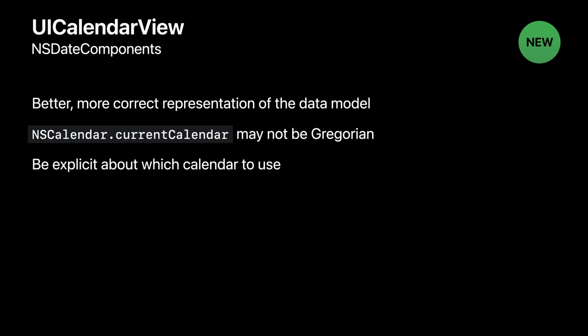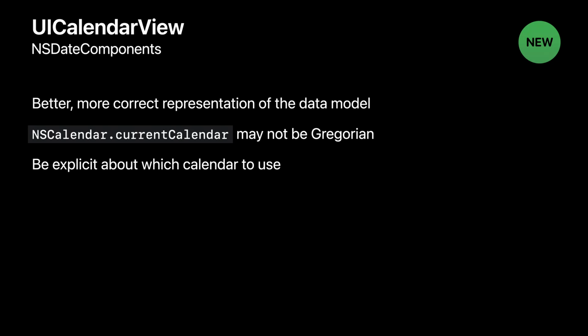One major difference between UICalendarView and UIDatePicker is that UICalendarView represents dates as DateComponents rather than NSDate. Unlike NSDate, date components are a better and a more correct representation of a date, whereas NSDate is a representation of a point in time.